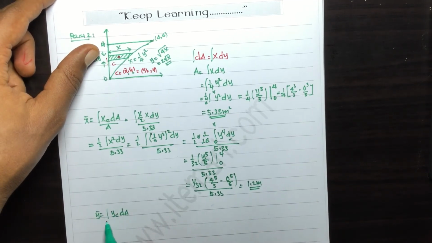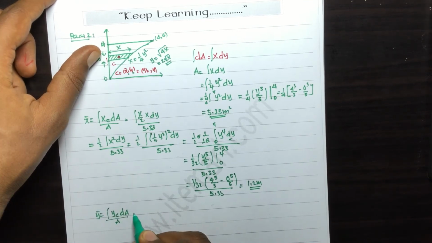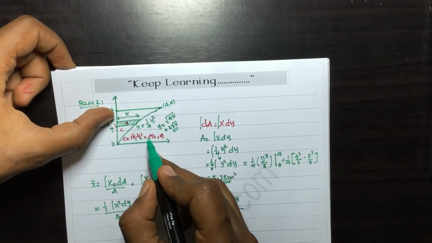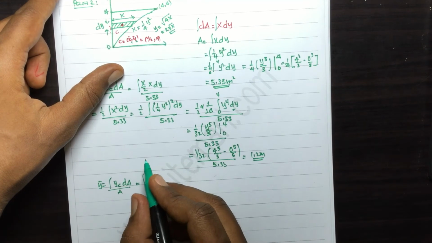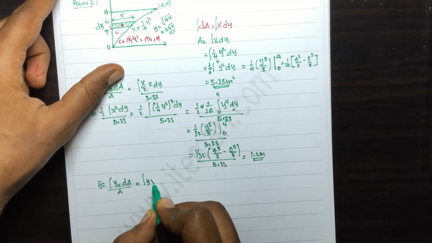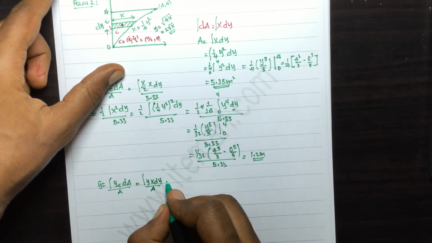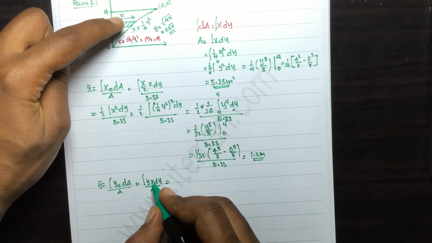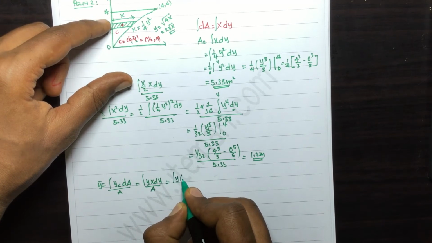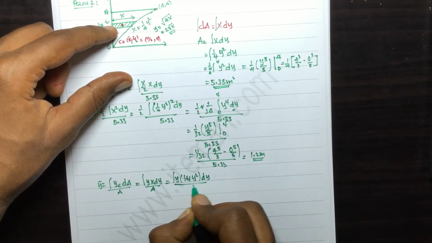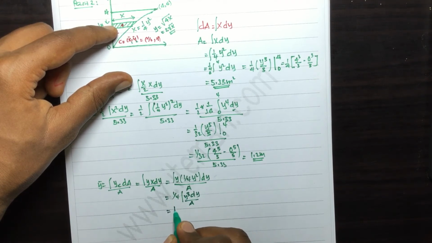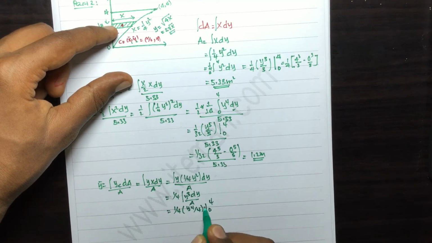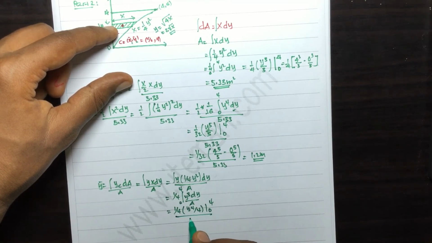Good, then what will be y bar? y bar is equal to the integral of yc dA over the area A. Therefore yc, as we discussed, is y. dA is x dy over the gross area A. Here we have to substitute x in terms of y, which means y times 1 over 4 y squared dy over the area A, which means 1 over 4 the integral of y cubed dy over A. The integral of y cubed is y to the power of 4 over 4, computed from 0 to 4 over 5.33.